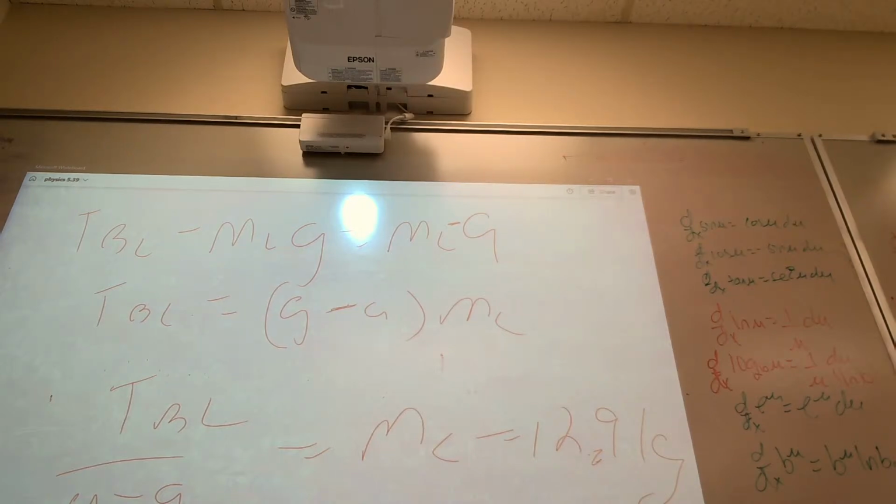Would you use cosine or sine? Well, you're going to be using both. We've tilted our axes, so your weight is at an angle from the vertical, and then you have your force.